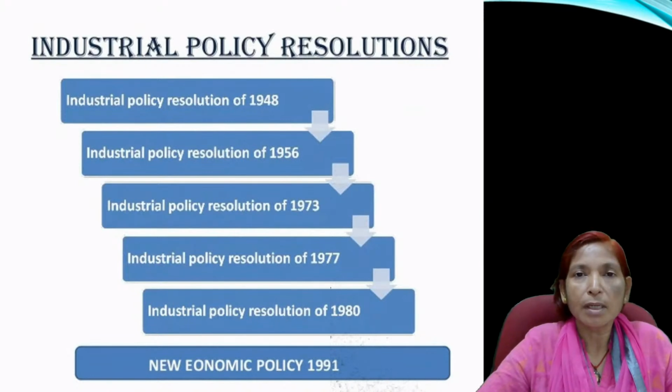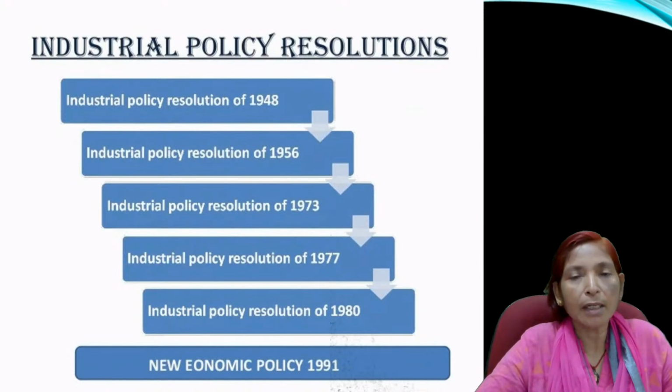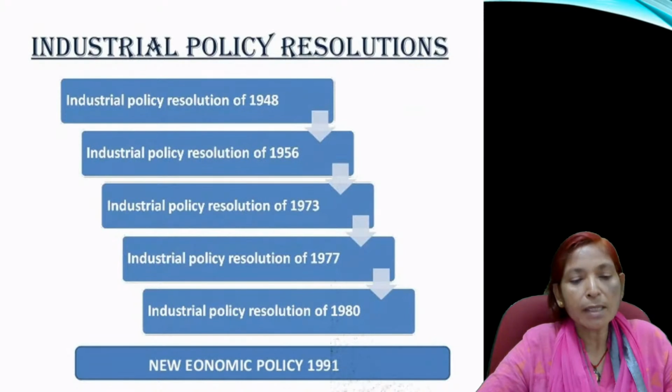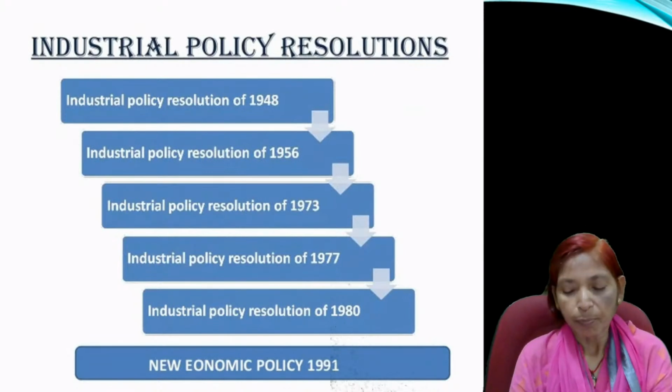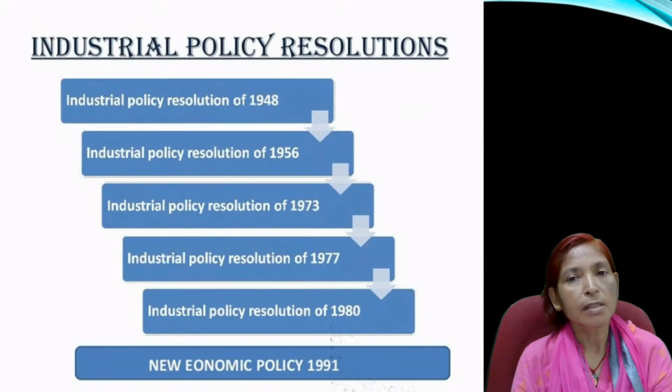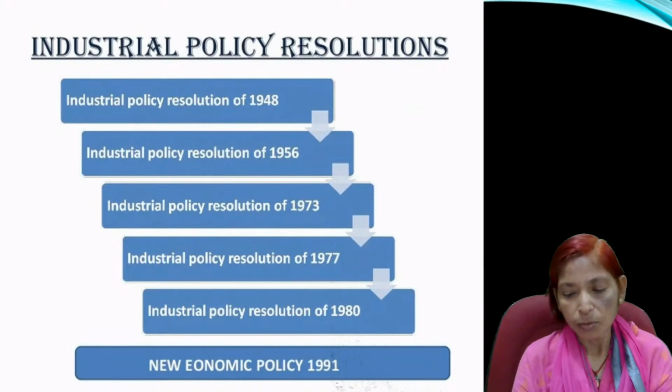Then the industrial policy resolution, in short form we can say IPR, of 1980s and IPR of 1991, which is known as the New Economic Policy or New Industrial Policy of the Indian Economy 1991. So these are the industrial policy resolutions since independence till now.